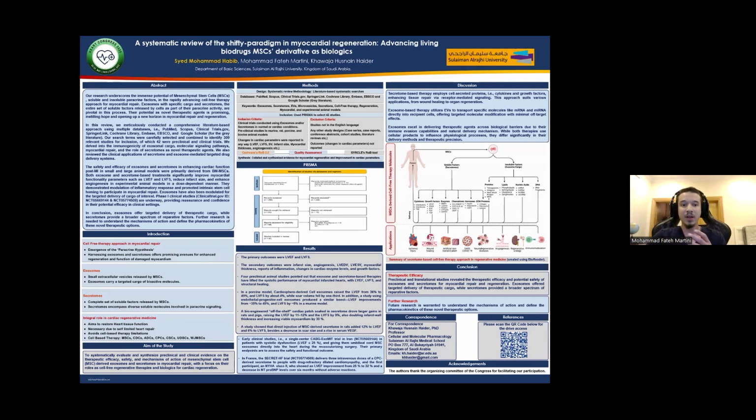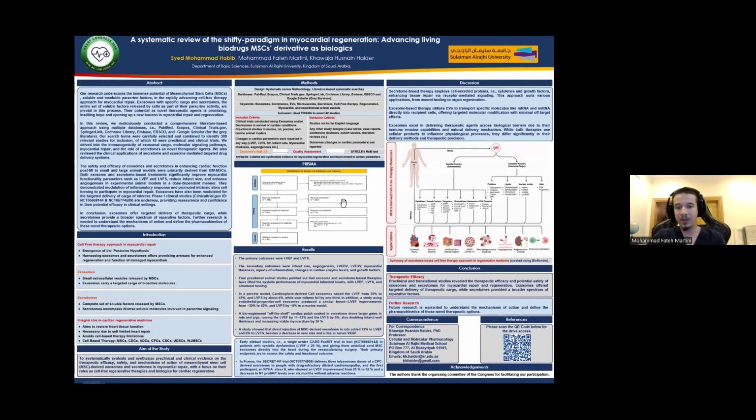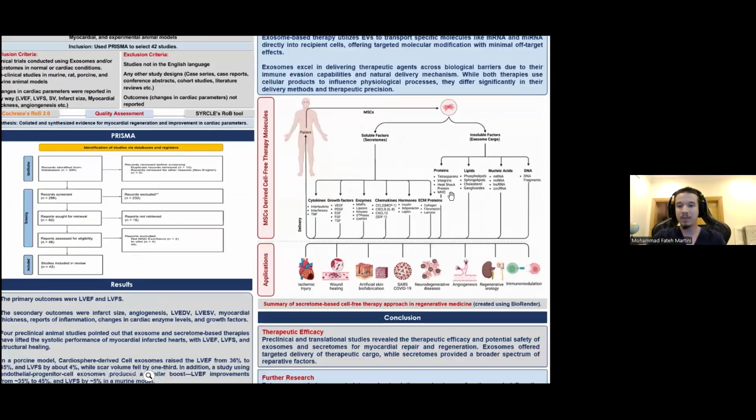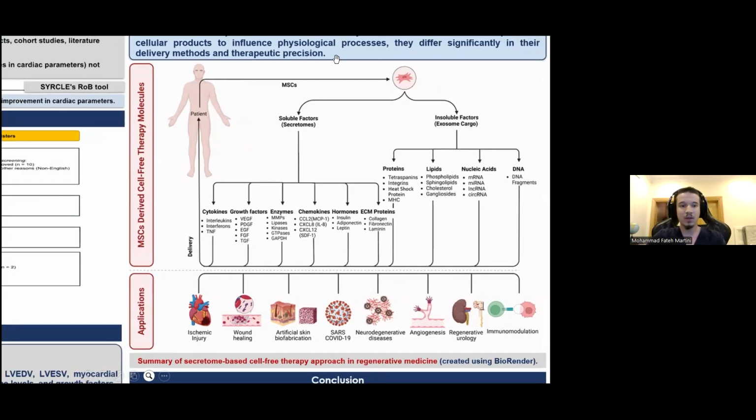Now, the family of cell-free therapy molecules is not very well categorized, but they branch off mainly into two families based on their biogenesis criteria: the secretome, aka conditioned medium, which comprises bioactive cellular secretions and immunomodulator substances, and also exosomes, which include plasma membrane derived vesicles like ectosomes and microvesicles.